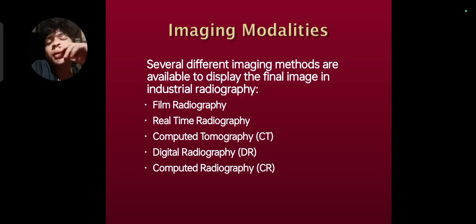In imaging modalities, or the visual image, we actually have five categories. First is film radiography, second is real-time radiography, third is computed tomography, abbreviated as CT, digital radiography, abbreviated as DR, and the last one is computed radiography, abbreviated as CR.